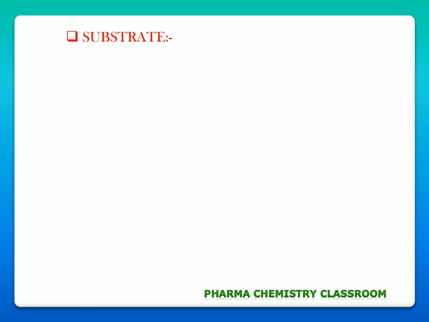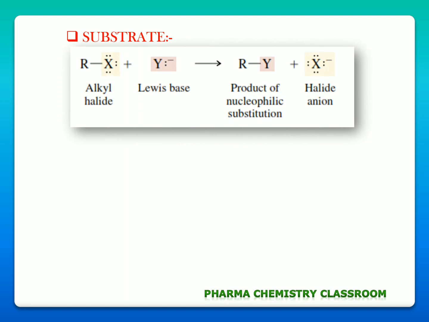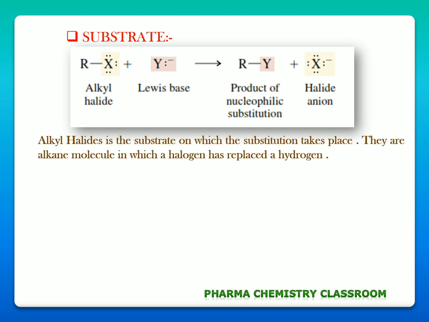First is substrate. In a reaction, the reactant on which the particular reaction takes place is known as the substrate. So for our nucleophilic substitution reaction, an alkyl halide is the substrate. They are alkyl molecules in which a halogen has replaced a hydrogen.